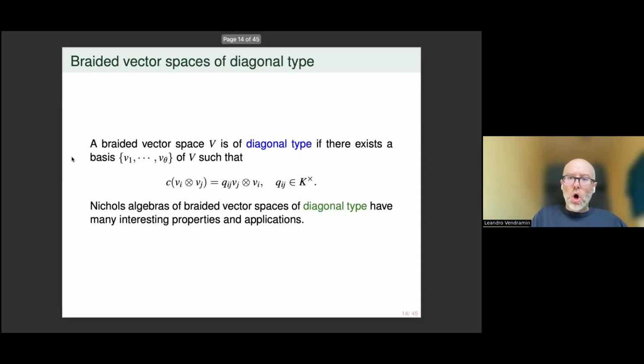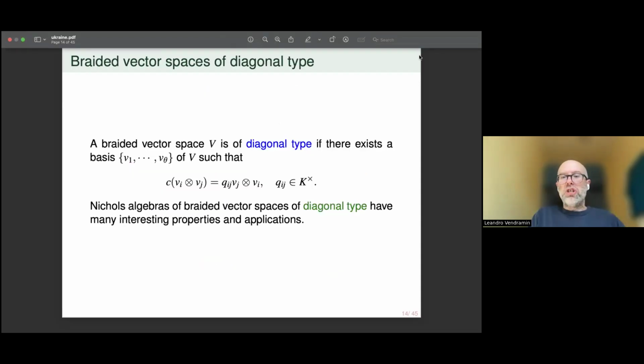Remember, this was the definition of a braided vector space of diagonal type. This is a Yetter-Drinfeld module, essentially over an abelian group, right? This is the formula of the braiding. The Nichols algebras over this family of braided vector spaces have a lot of applications and very interesting problems.